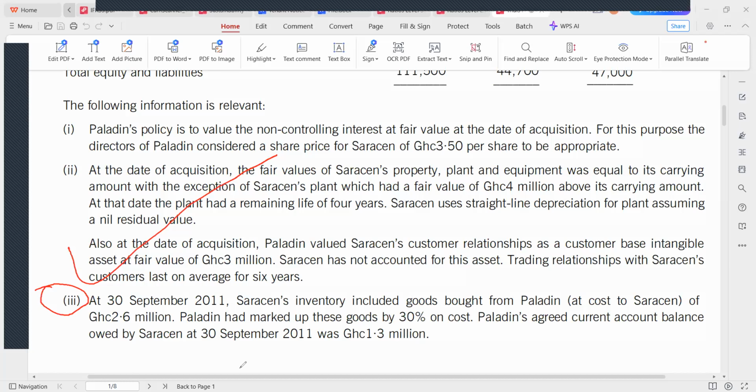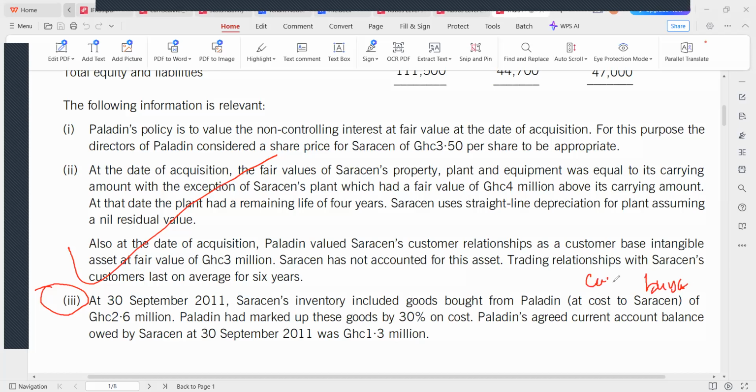So let's say at 30th September 2011, that's at the reporting date, Saracen's inventory includes goods bought from Paladin at a cost to Saracen of 2.6 million. Please, when they say at a cost to the buyer, it's the same as selling price. Don't let them confuse you. Saracen is the buyer.